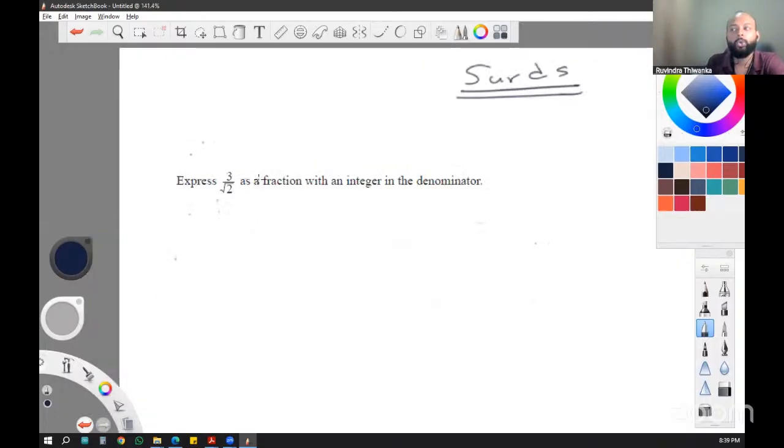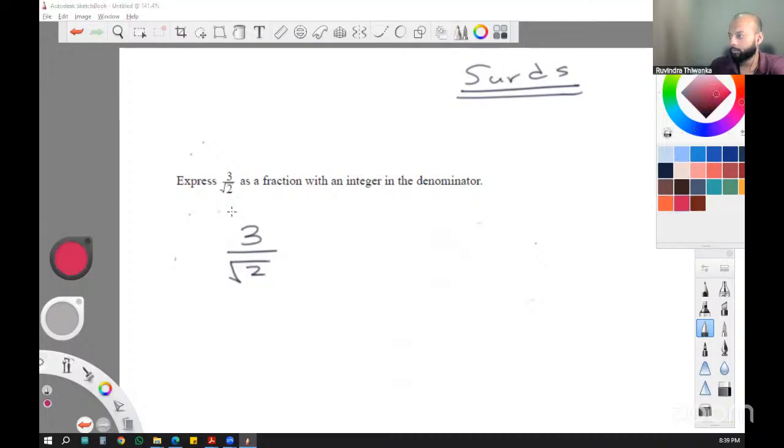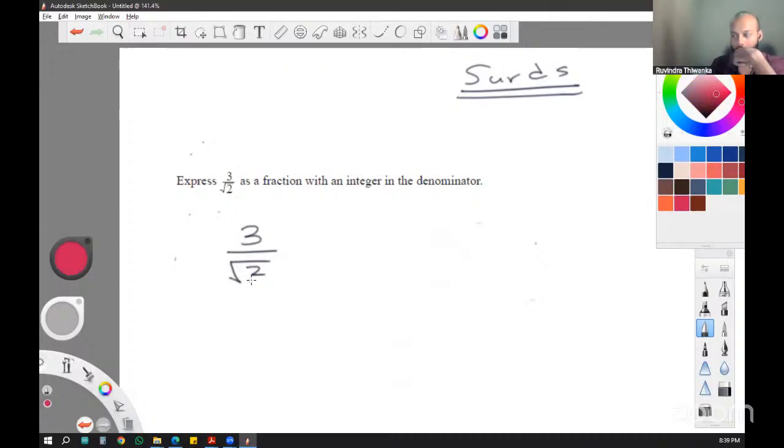Express 3 over root 2 as a fraction with an integer in the denominator. What they are telling is, just consider 3 over root 2. They want to express this as a fraction with an integer, that means a number, in the denominator. They want you to put a whole number in the denominator instead of a root.